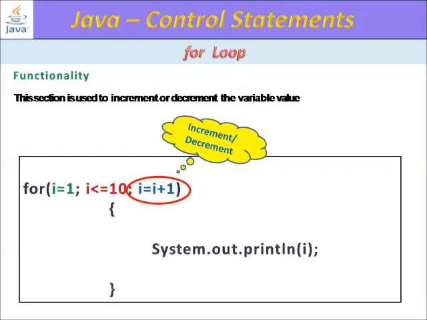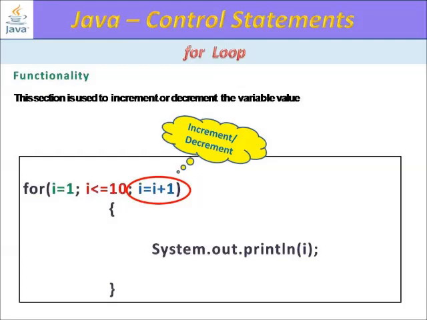Okay, now we can see the increment and decrement. So here we are using an increment value, right? You can see i is equal to i plus 1. This increment or decrement value in the for loop also plays an important role, because if there is no increment or decrement, the loop may work indefinitely, infinite times.